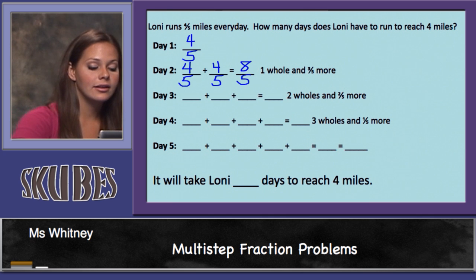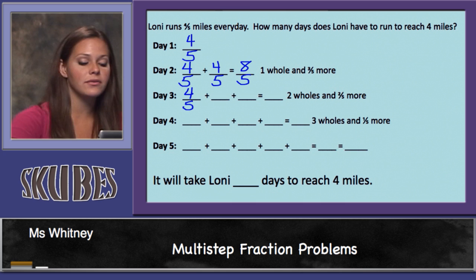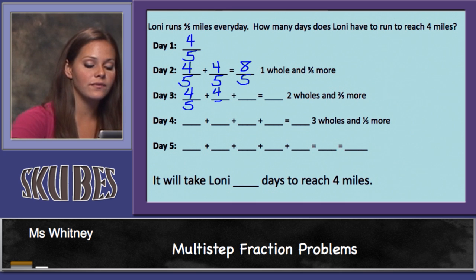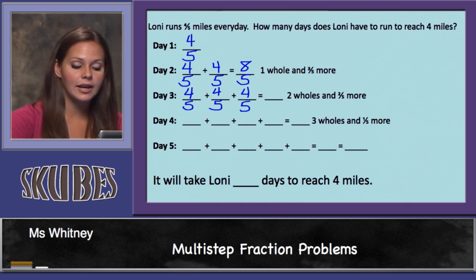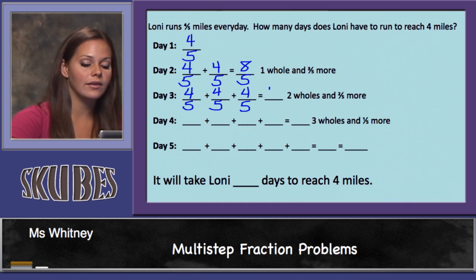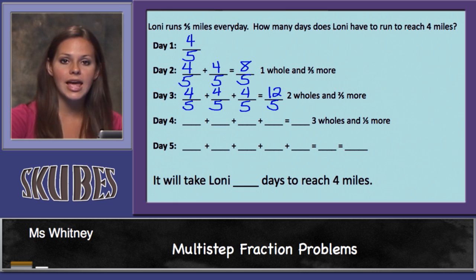On day 3, Lani runs 4/5 that we added from the first day, plus 4/5 from the second day, plus another 4/5 that she runs on day 3. That's a total of 12/5, which is 2 wholes and 2/5 more.